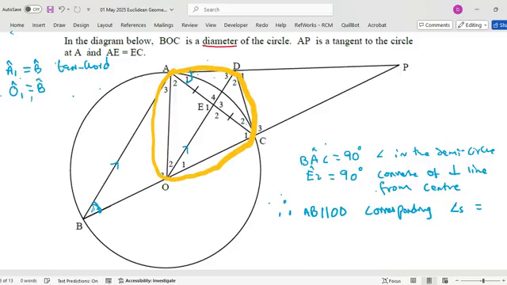And what is the reason that O1 is equals to B? The reason would be the corresponding angles. And we mentioned the parallel lines, AB is parallel to OD.